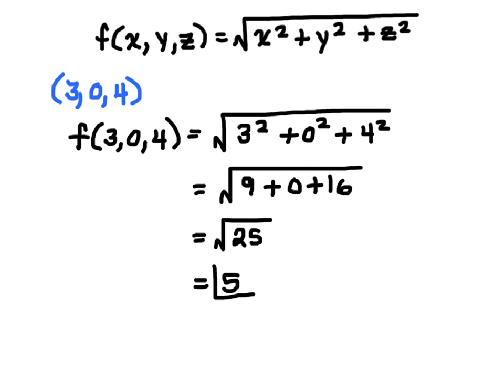Let's put a box around our final answer. That's the value for the function when x is 3, y is 0, and z is 4.